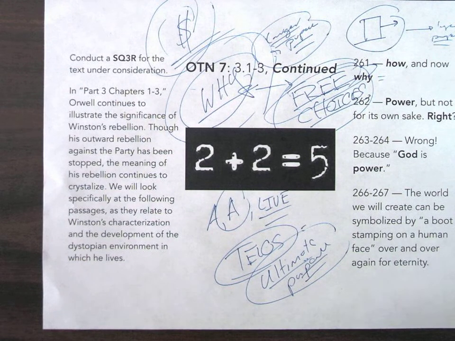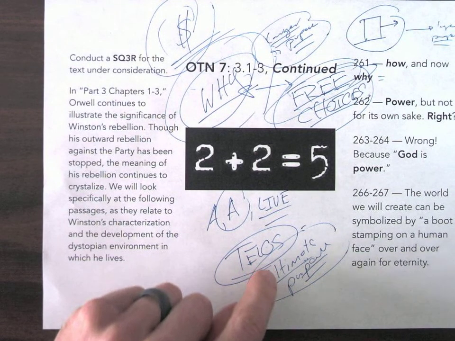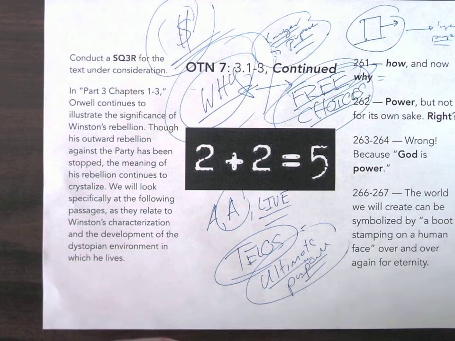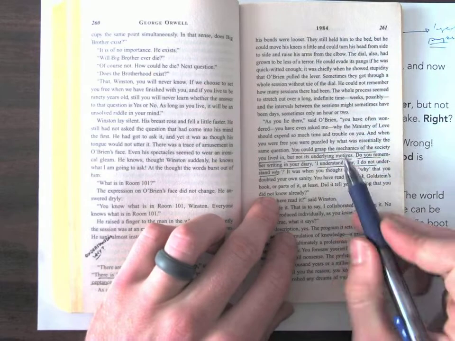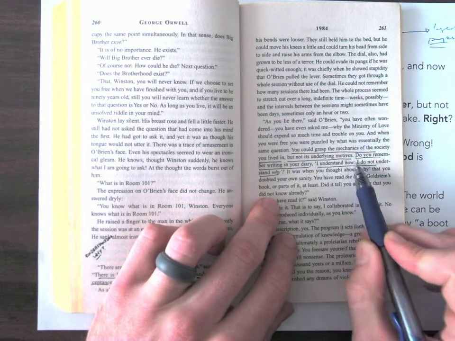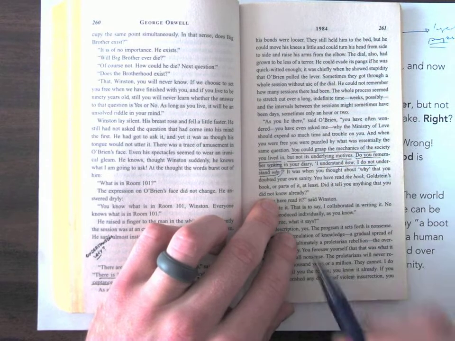He goes on to deconstruct yet another, a deeper aspect of Winston's rational nature, his ability to understand and pursue a teleological answer to his existence, or a telos at the back of his life. Okay? He says, do you remember writing in your journal, I understand how, but I do not understand why?